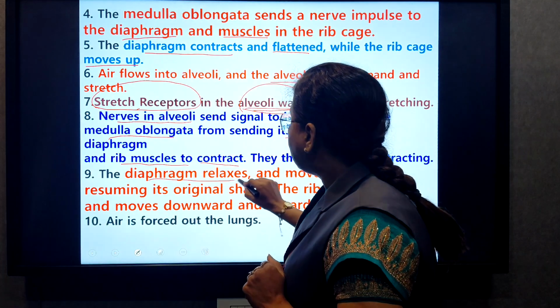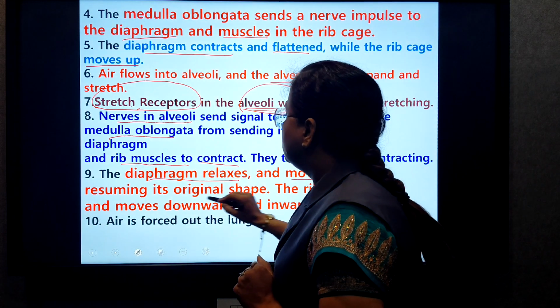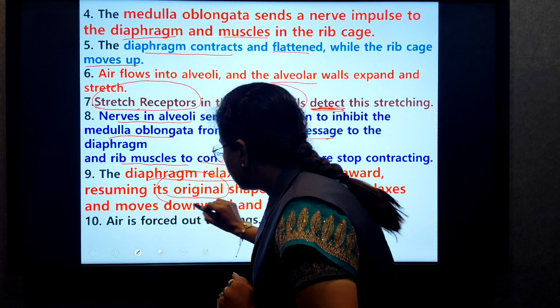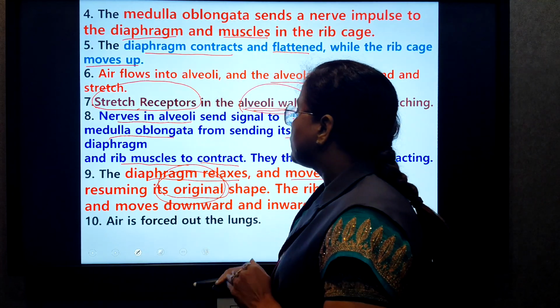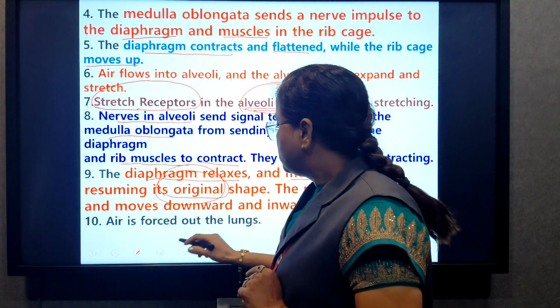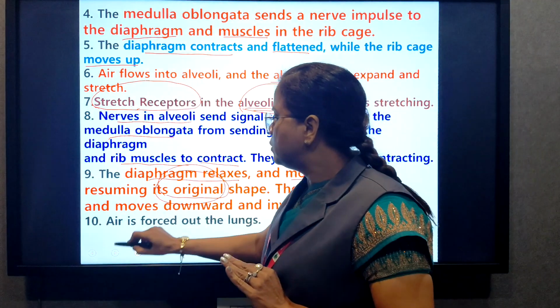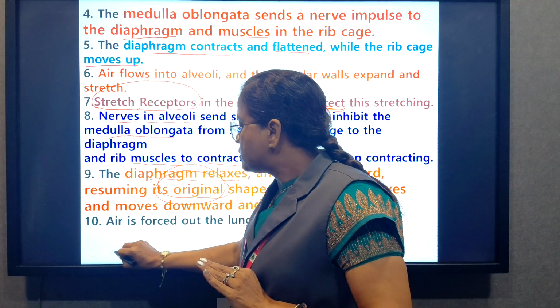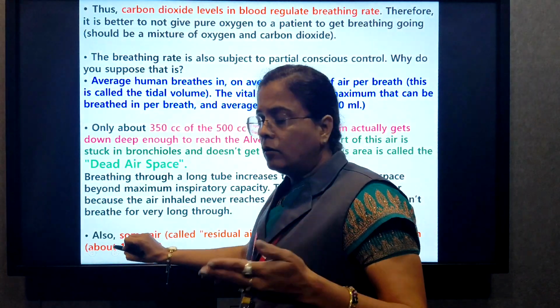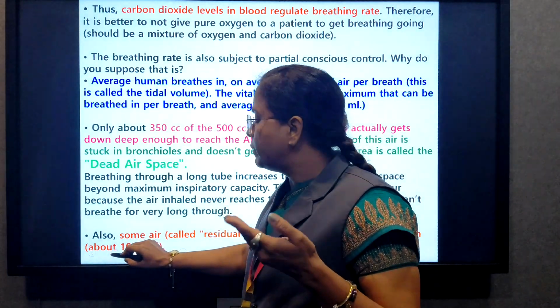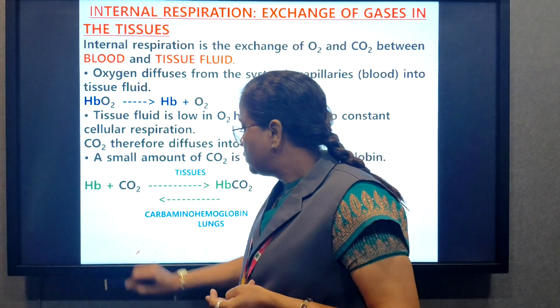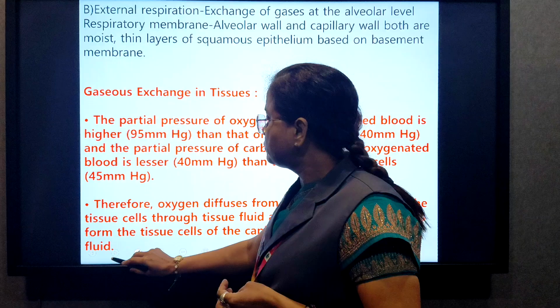So the diaphragm relaxes and moves upward, resuming its original position, and air is forced out of the lungs. These are the very important things about how the CNS maintains the breathing process by giving signals.